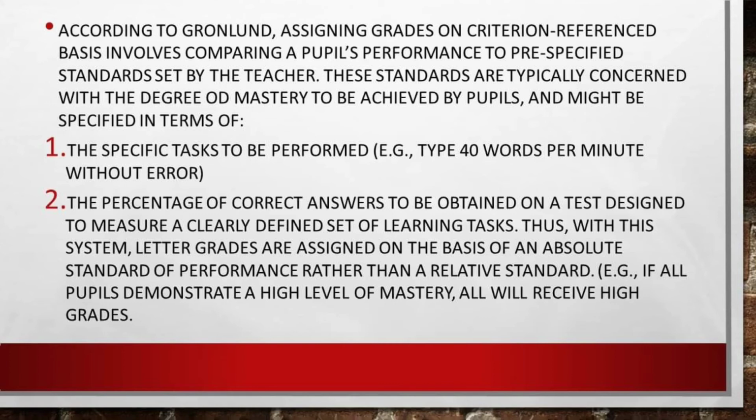Number 2, the percentage of correct answers to be obtained on a test designed to measure a clearly defined set of learning tasks. Thus, with this system, letter grades are assigned on the basis of an absolute standard of performance rather than a relative standard. Example, if pupils demonstrate a high level of mastery, all will receive high grades.